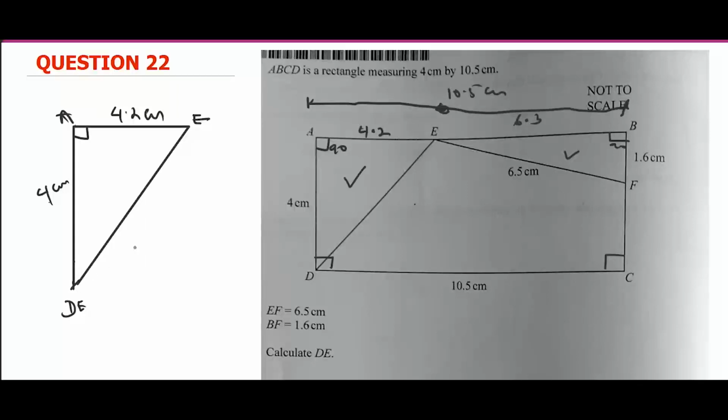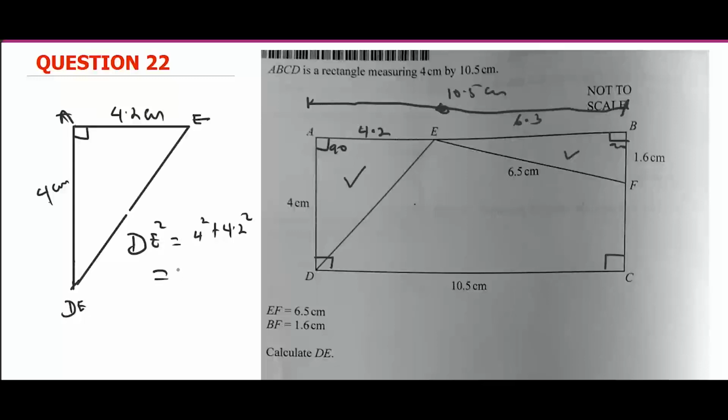So to get DE, you can use Pythagoras theorem again. So you can say DE squared equals 4 squared plus 4.2 squared.